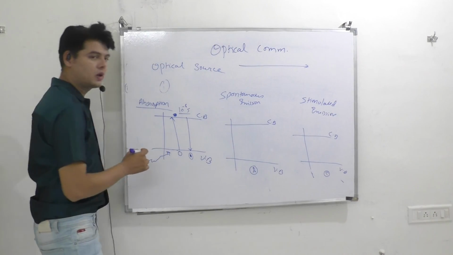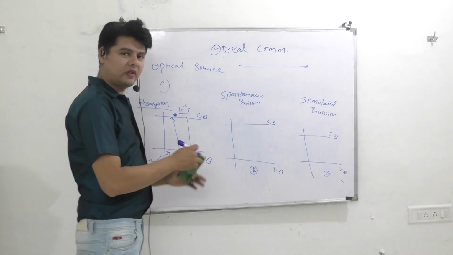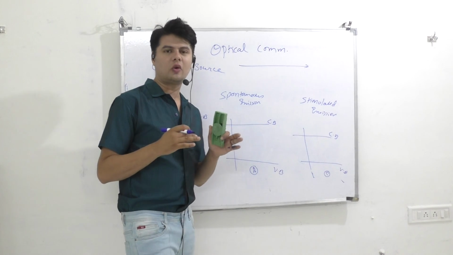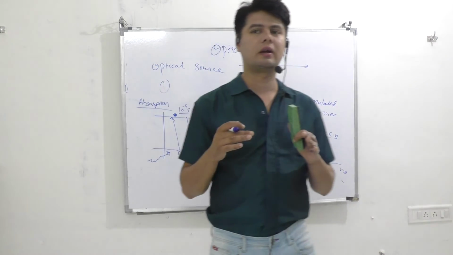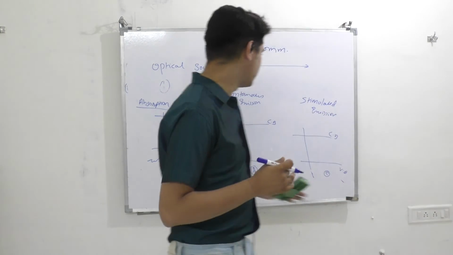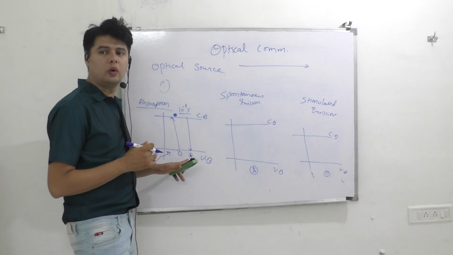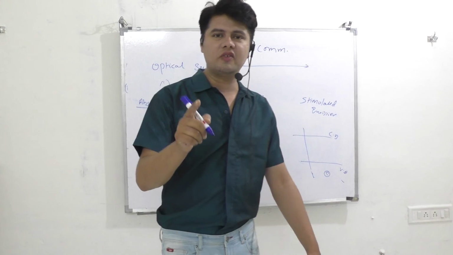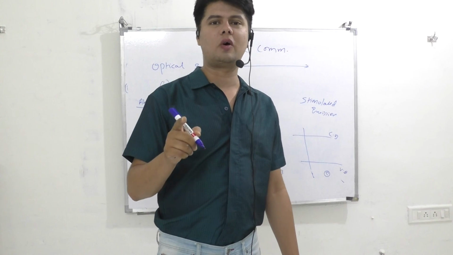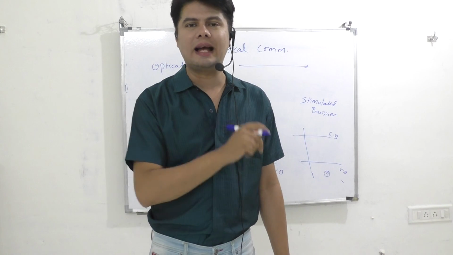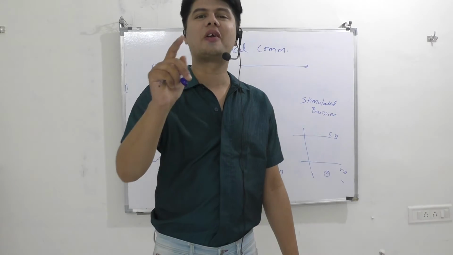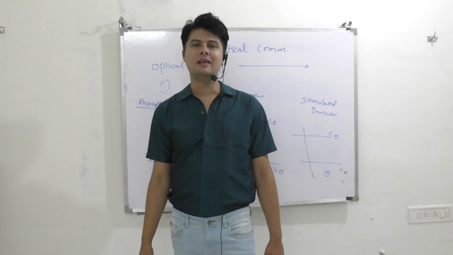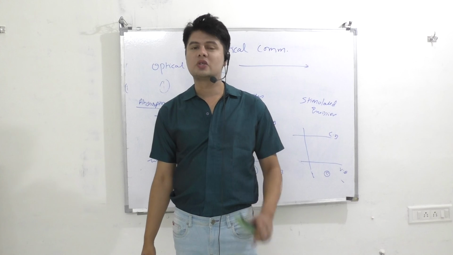Here I am only covering my topic, so I am not going into the detailed study of electron hole pair generation and recombination. Always remember, whenever electrons and holes recombine, they generate energy in the form of two energies.